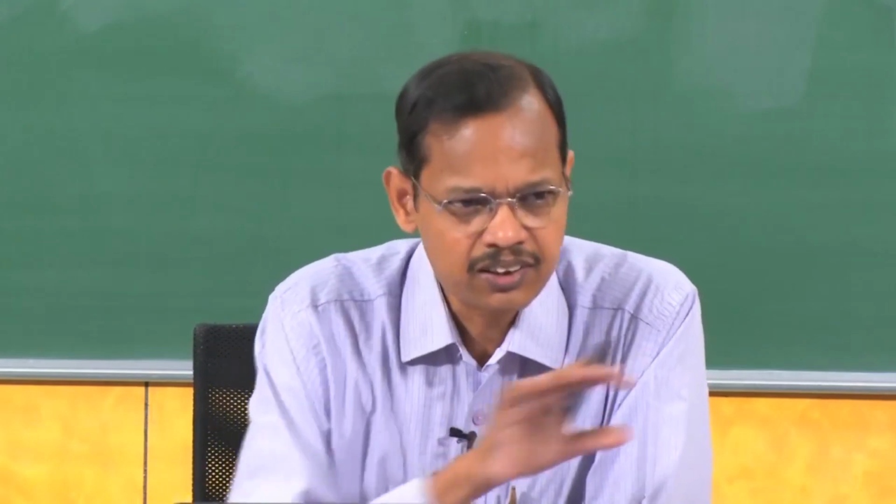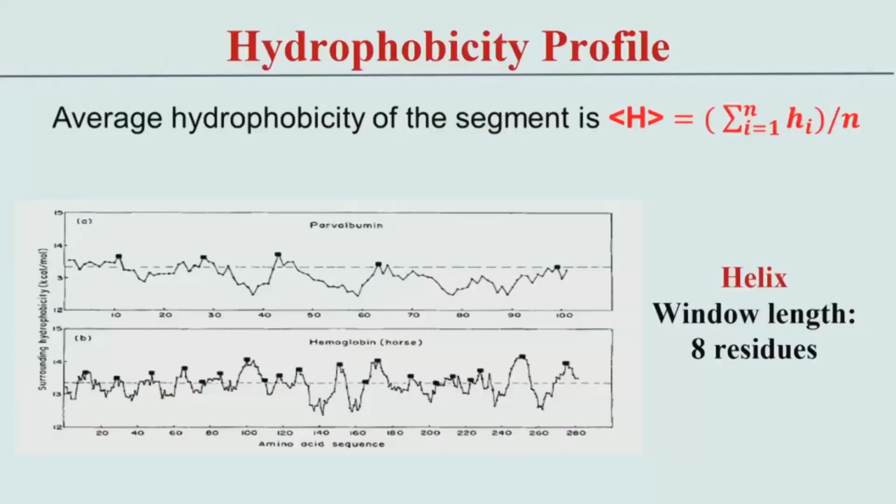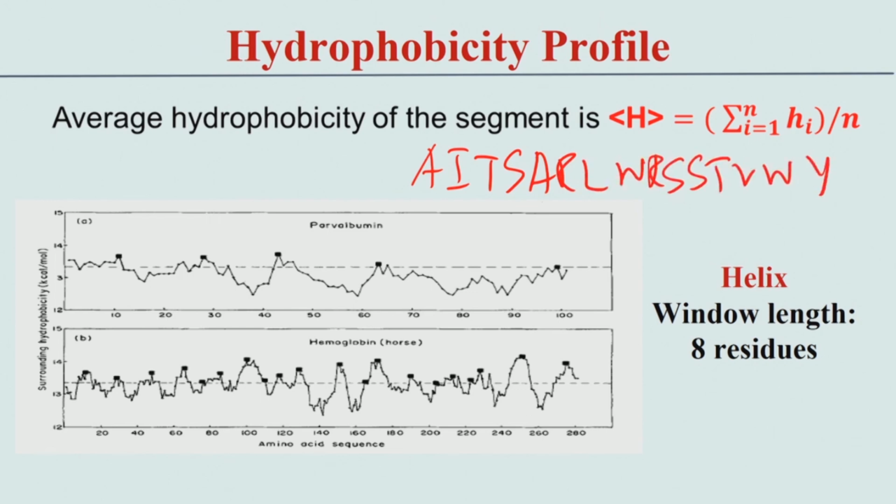For any sequence, you can make different window lengths. For example, if you take a window length of 8 residues, take 1 to 8, 1, 2, 3, 4, 5, 6, 7, 8, and the value is equal to the sum over i equal to 1 to n of hi divided by n.